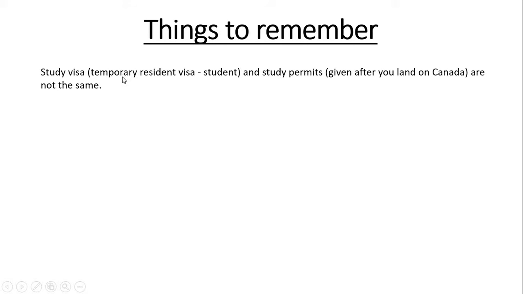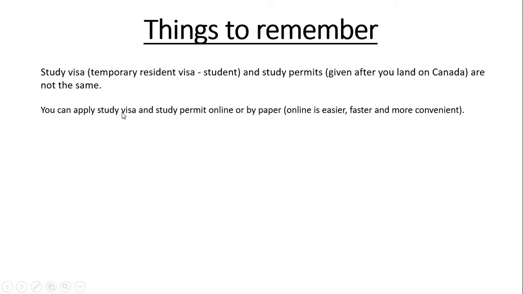Study visa is the temporary resident visa which allows you to enter Canada, and only after getting the study visa will you get the study permit, after you have landed in Canada for the first time. At first you will be issued a study visa, which is called a student visa, and after that you will be issued a study permit.